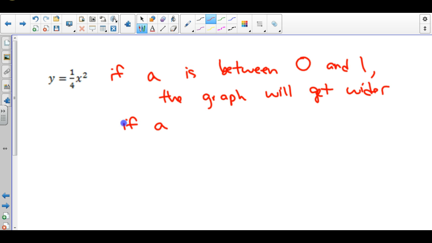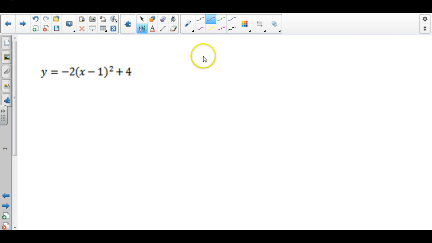And if a is greater than 1, the graph will narrow. So that's when it got really skinny. When we had y equals 2x squared, the graph got really skinny, and when we had the 1/4, it just made it wider. So the next part to really think about is, what if I do all of these things?